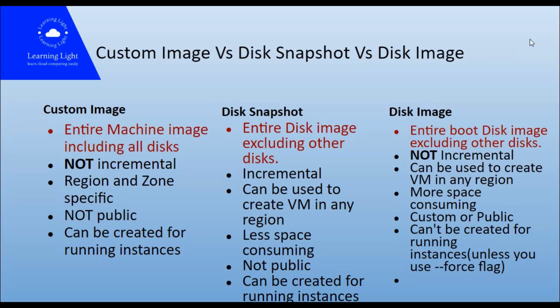Now, these disk snapshots are basically incremental in nature. In a specific region, when you first take the snapshot, it will take the full snapshot, and then subsequent snapshots will be the delta changes from the past snapshot. Whatever the next snapshot you take, it will take the next set of changes, and that will consume less space compared to the other backup solutions.